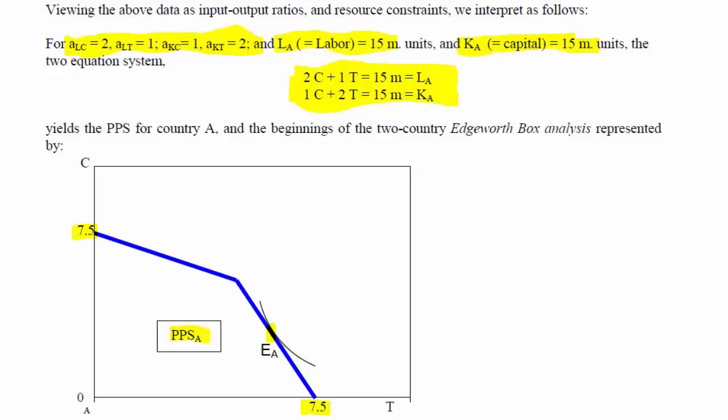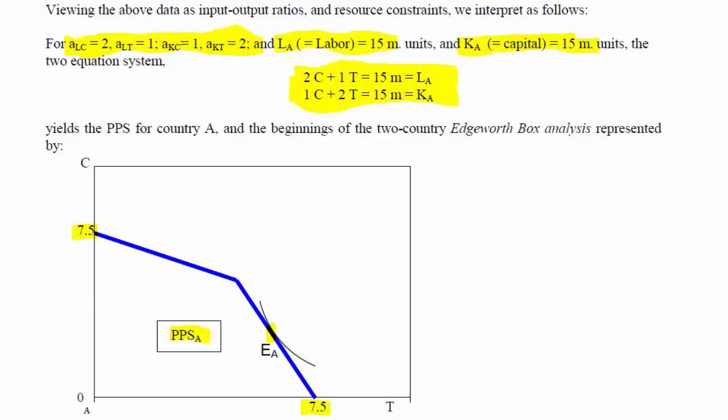Hopefully you can trade your way from EA to some point to the northeast of EA, and that will show that trade is good. We say trade is good, but it is reassigning your production away from point EA to the full employment point and then trading your way back to that point that is on a higher level indifference curve than the one passing through E subscript A.